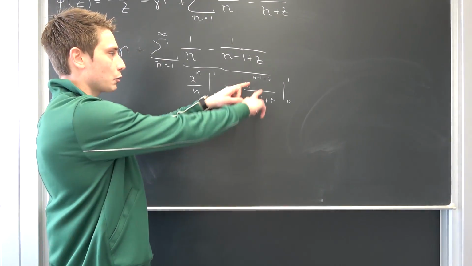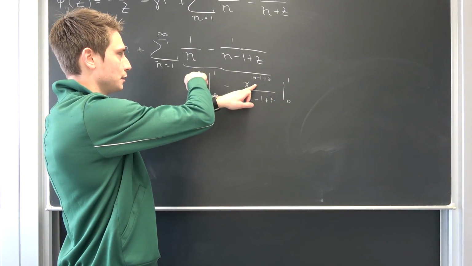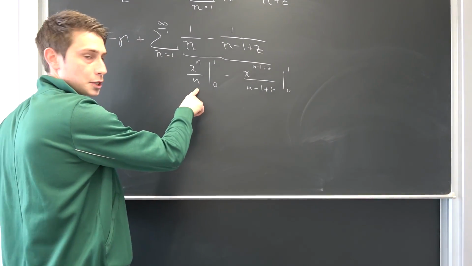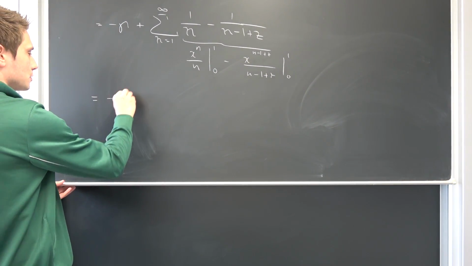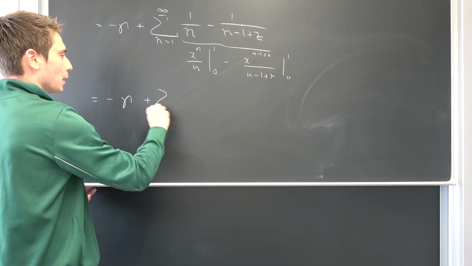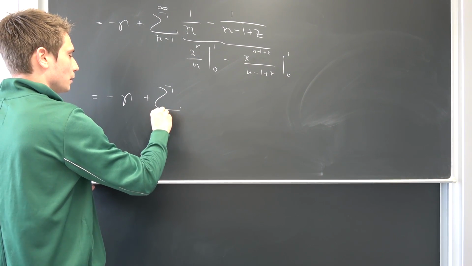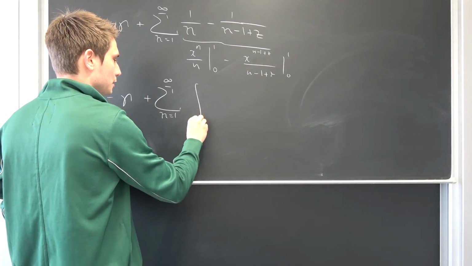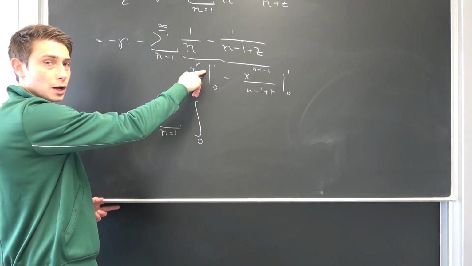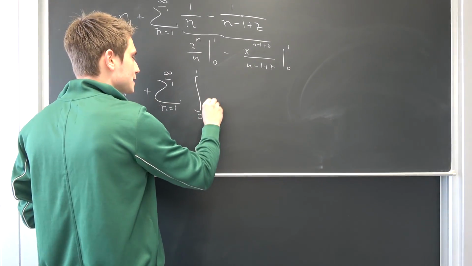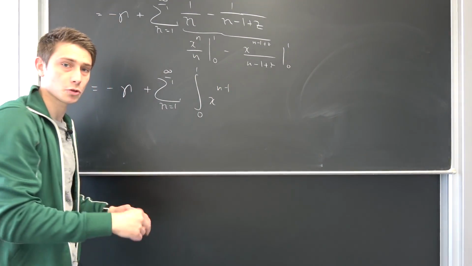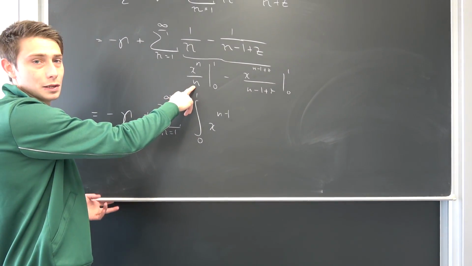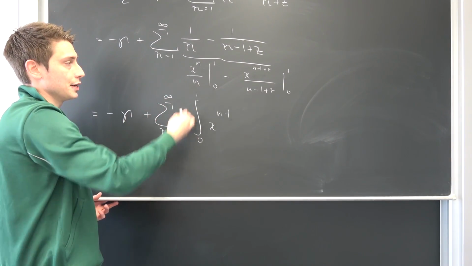So you see, how can we arrive at those x to the something values? Well, we just have to integrate them in a certain way. So this is nothing but negative gamma plus an infinite sum running from n equals 1 to infinity of, and this is nothing but an integral from 0 to 1. So on the one hand, we are going to integrate x to the n minus 1th power, because we are going to raise the power by 1 integrating polynomials, and this is going to arrive at n in this case.